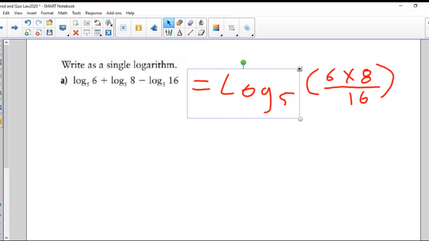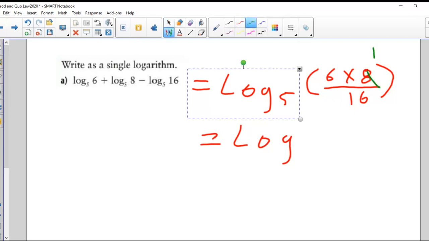The number that I was subtracting is going to be divided. Now, obviously, I can reduce this, right? The 8 and the 16, let's see. This goes into this once, and this goes into this twice. This once and this 3 times. So it's a log of 3, basically.